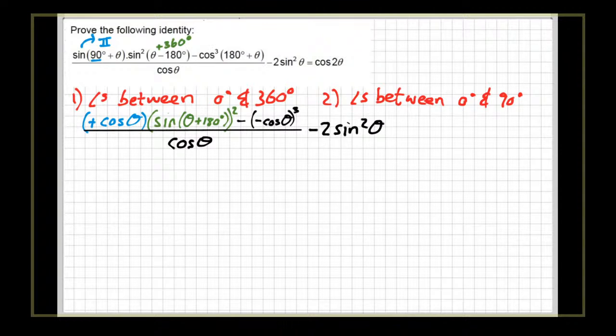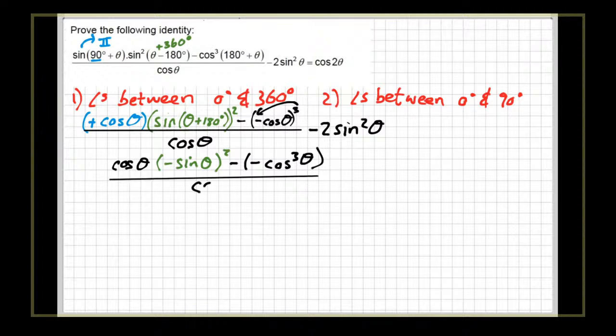I'm not going to worry about it, I'm not even done with my first 2 steps. So let's continue: cos theta. Then I've got negative sin theta in the third quadrant, but it is squared. Then the cube: a negative cubed is a negative, cos cubed theta, all over cos of theta.